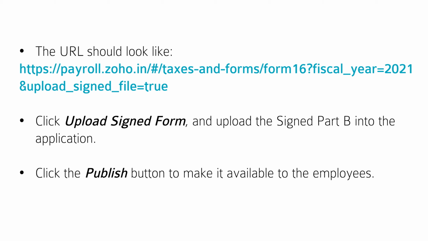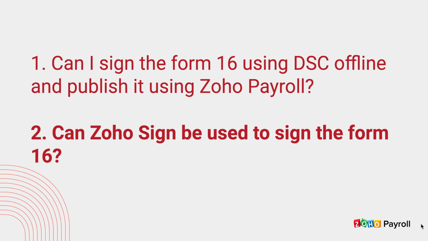After this is done, there will be an option to upload signed form. Click on that and upload the signed Part B application. Click the Publish button to make it available to the employees. It is recommended that you perform these steps with the assistance of one of our support team members.